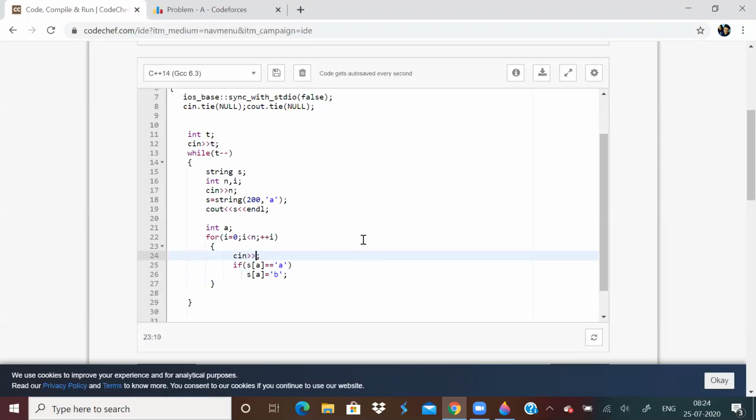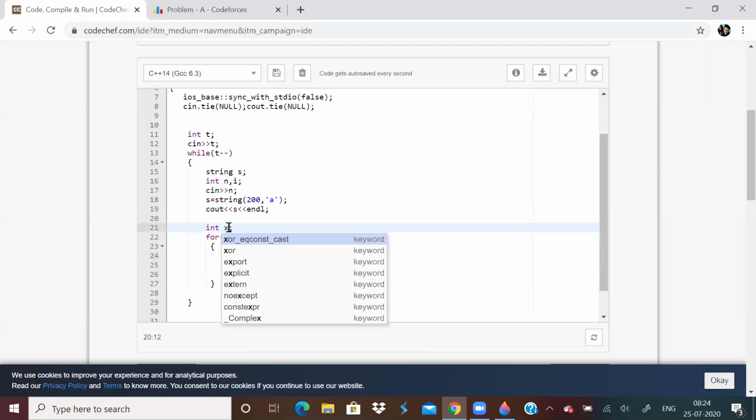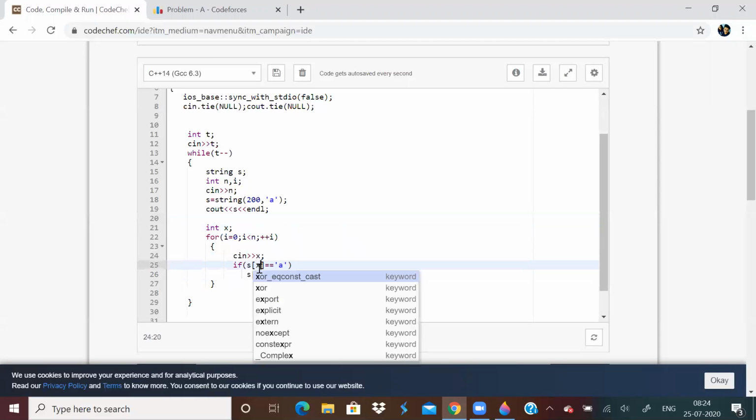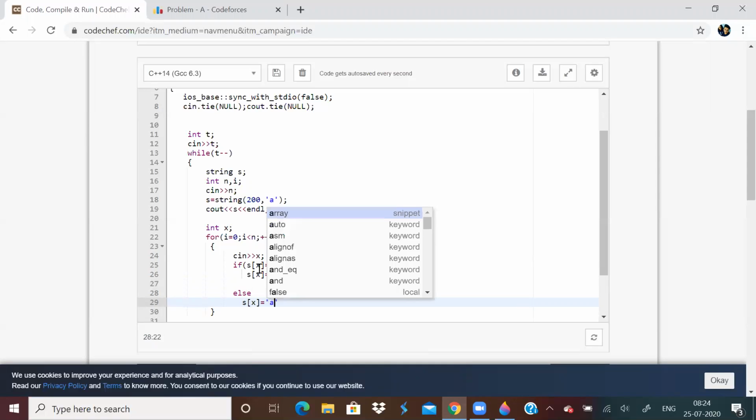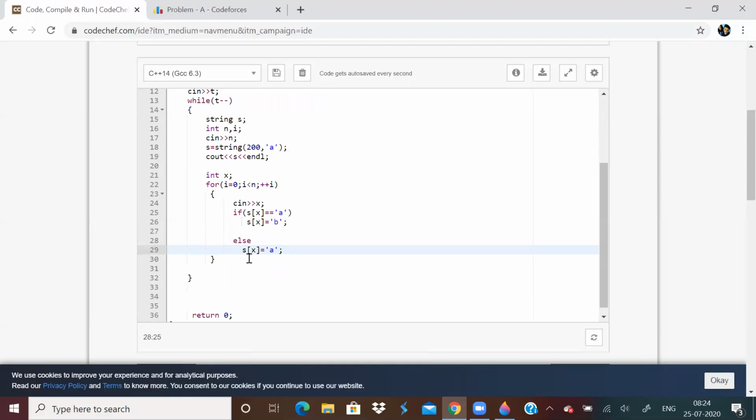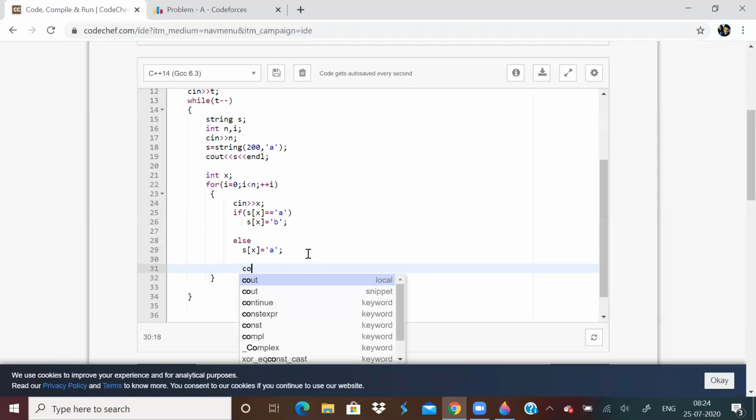Instead of a, let me call the input x. So this condition should be written. Otherwise, that means s of x is b, so I'll make it a. I'm just flipping the characters, and every time I have to print.